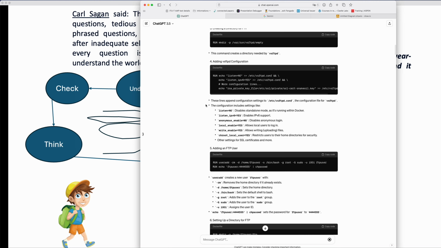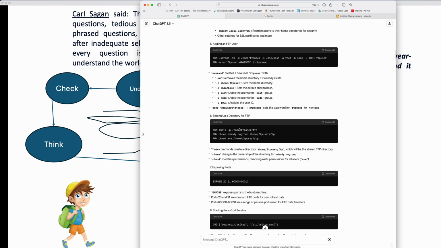How can I check it in this context? Simply by trying to apply and build the image and then check: are these configurations doing what the AI is claiming? By changing the values, checking them, and so on.